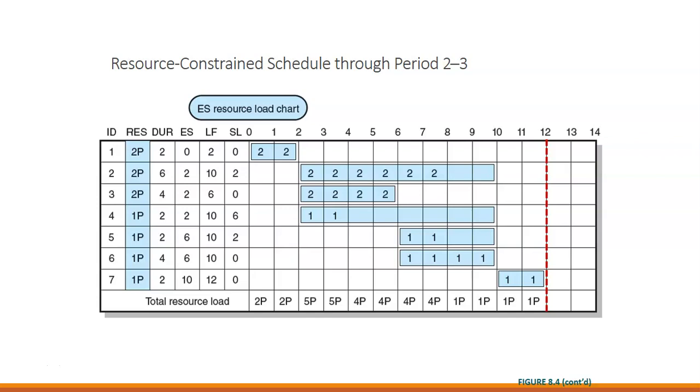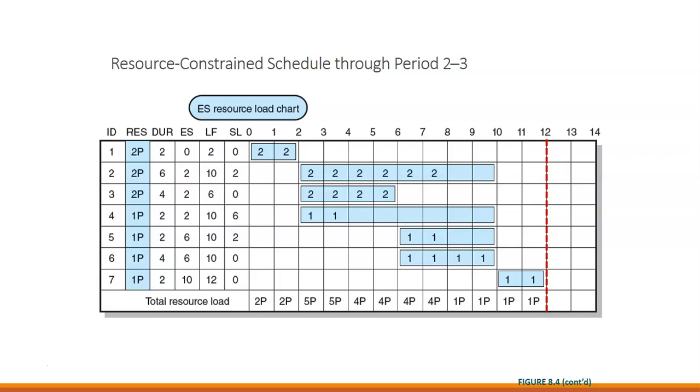So we can see here we have our activity IDs, the number of programmers we need, and how they are stacked up. Our total resource load shows that weeks 2 through 8, we need more programmers than we have available. So we want to look at shifting those activities.